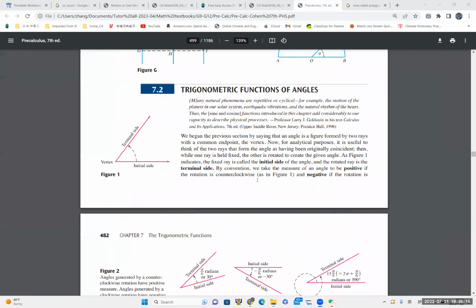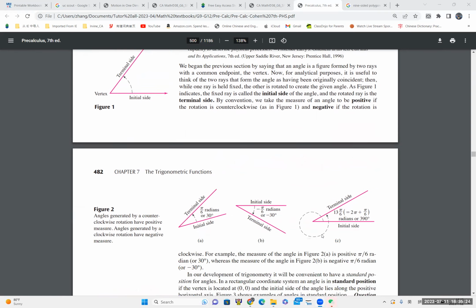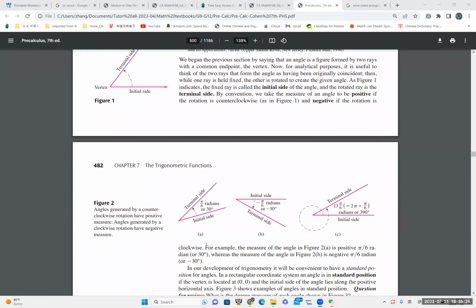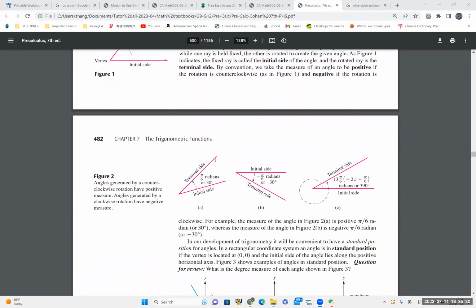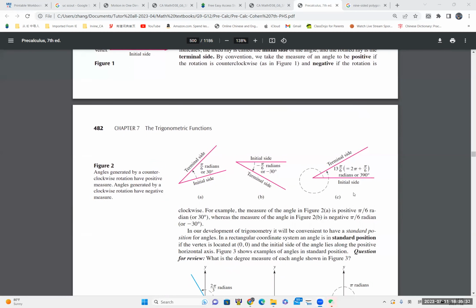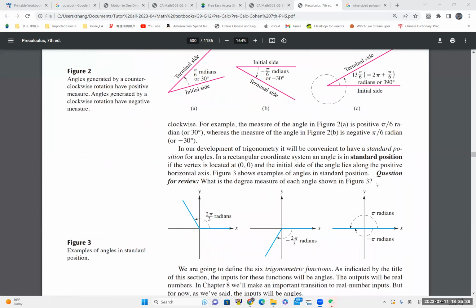Trigonometric function of angle. Initial side, vertex, terminal side. Yeah, here it shows a standard position, just like about here, right?